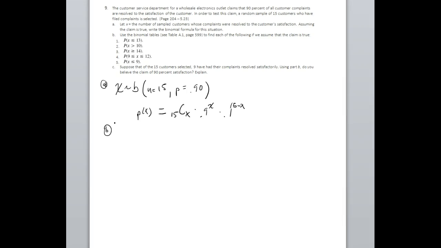Use the binomial tables. See table A.1, page 599, to find each of the following if we assume that the claim is true. Okay, so I put this table for you guys on Springboard. I do believe that it is actually on page 599. I think an earlier worksheet maybe said a different page number, but yes, page 599 is where the tables start.